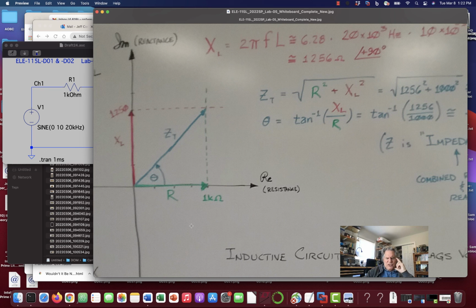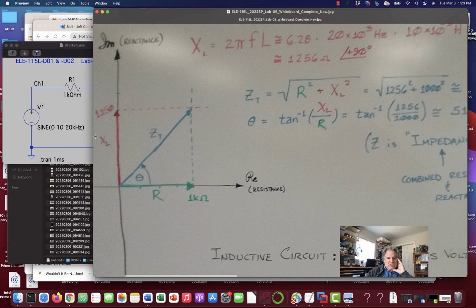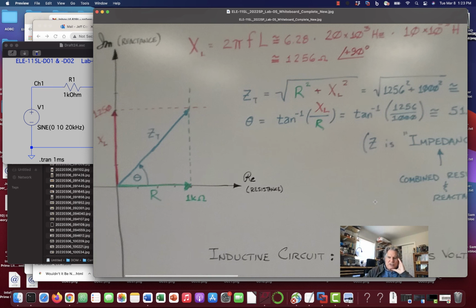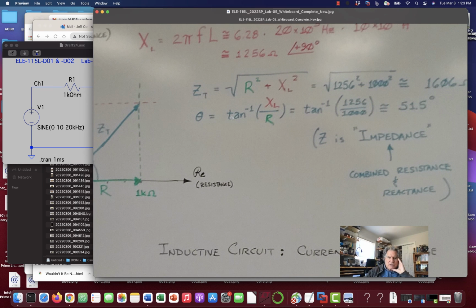If you've ever heard the SOHCAHTOA mnemonic, TOA means tangent equals opposite over adjacent. So we want the angle whose opposite over adjacent is XL over R, the inductive reactance divided by the resistance. So we do that, and we say, what angle has a tangent of 1.256, and it turns out it's 51 and a half degrees.